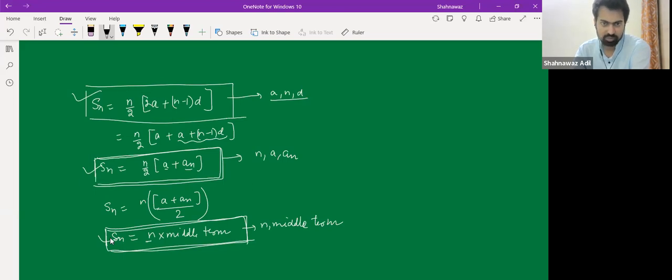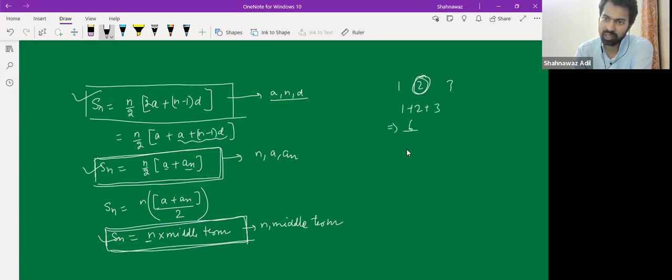Sir, which one is the middle term? So you have this first term, then you have this last term. If you add the first term and the last term and divide by 2, that will give you the middle term, right? So let's say you have 1, 2, and 3. This is the middle term, right? If I calculate the sum, this would be 1 plus 2 plus 3, so this is 6.